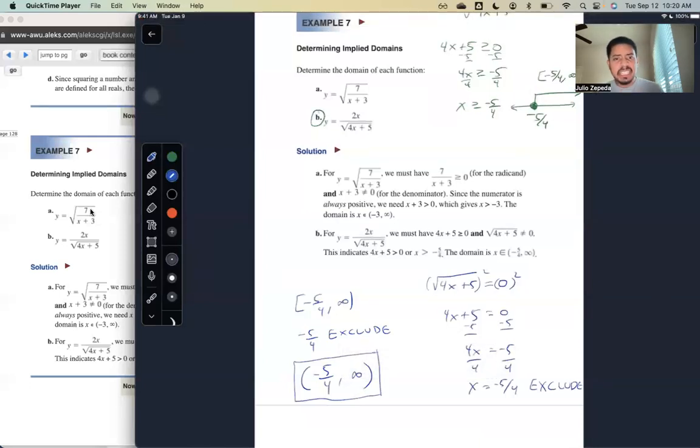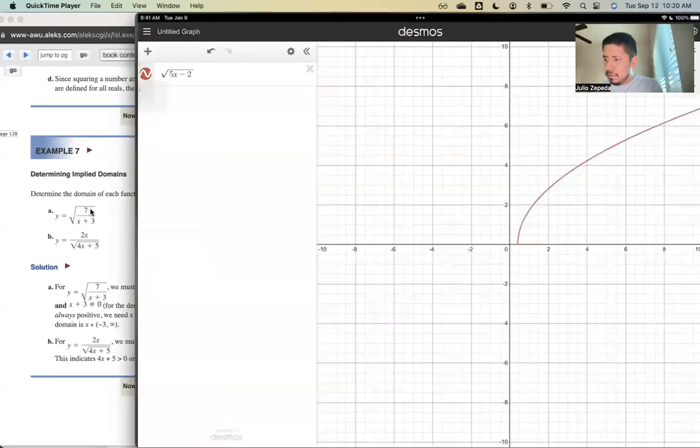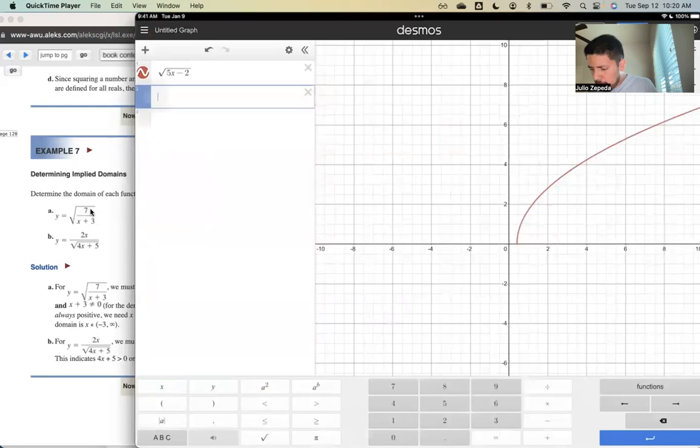All right, so let's actually graph this one also. I'm kind of curious. Maybe we can graph it. Maybe it won't be super clear, but 2x over the square root of 4x plus 5. This is the last thing we'll do here.